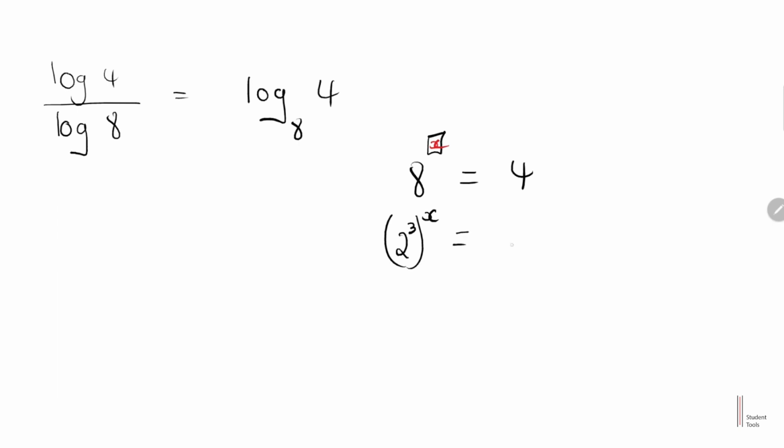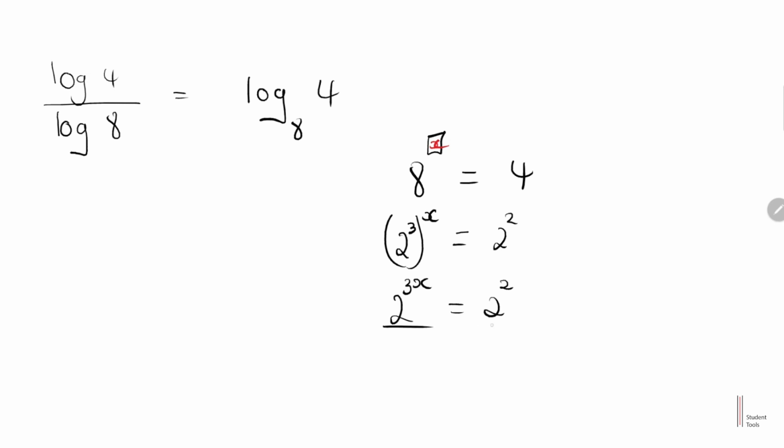So this is equal to 2 to the power 2. That is 4 to the base 2. So now we have 2 to the power 3 to the power x. So we know that the exponents multiply. So that means we have 2 to the power 3x equal to 2 to the power 2.